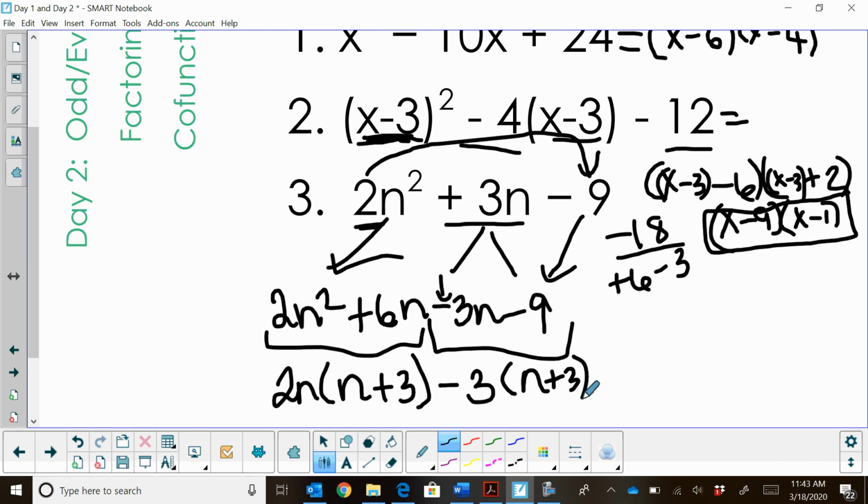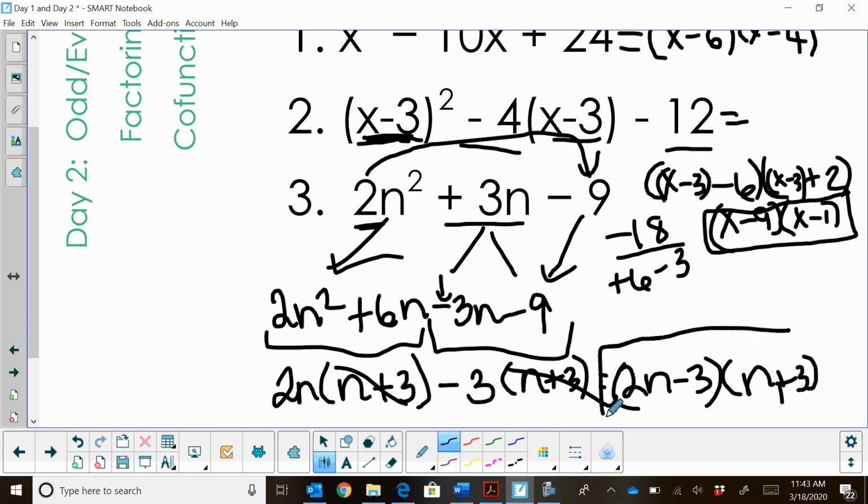So the two factors are 2n minus 3 times n plus 3. If you've never factored this way, really the easiest way to see this is factor out that n plus 3 first, and you're left with 2n minus 3. So that's how that one factors.